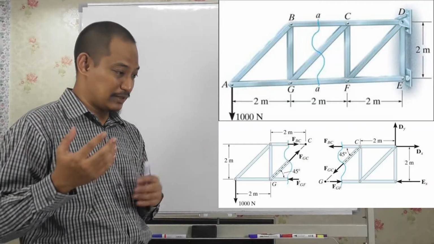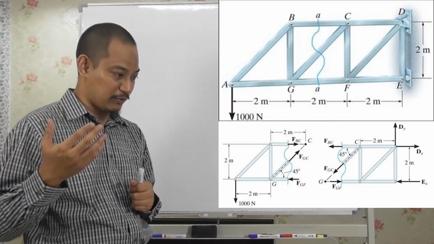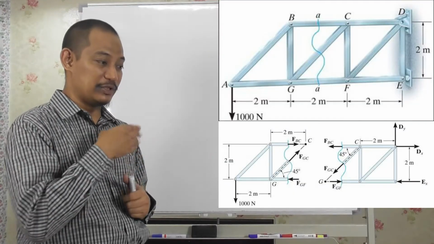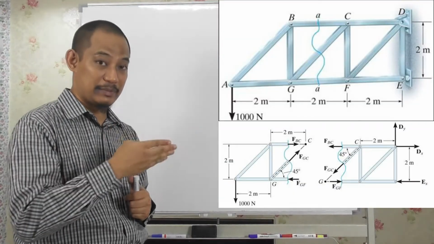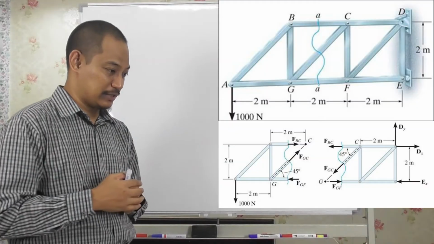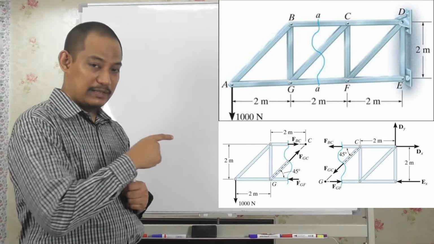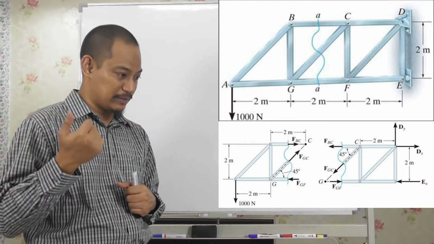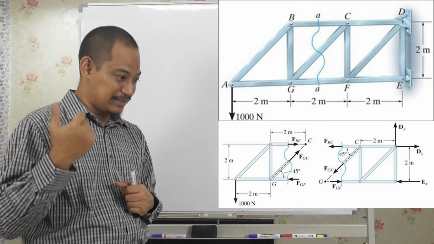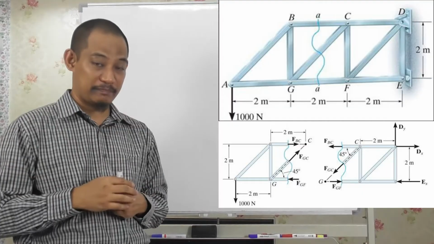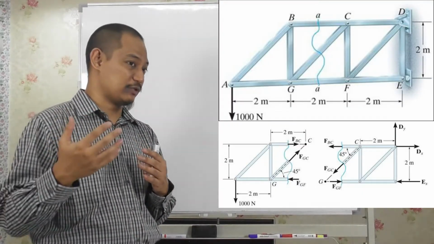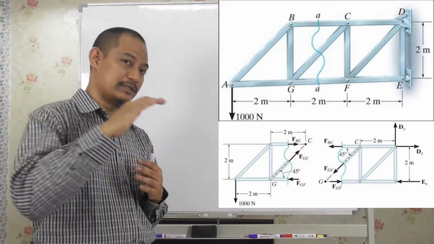If the question says find the force in member DF, you will not cut it this way because you will not get the force in that member, right? So this is just to give you an idea. In this way of cutting, you can determine the force in members BC, CG, and GF, right? So if the question asks for a different member, you will cut it differently.